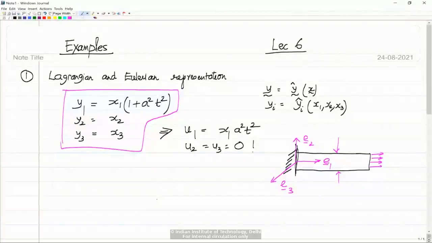Okay, so now think of, let us talk of velocity, for example. What is the velocity? What will be acceleration? So what kind of representation is this, first of all? This is obviously Lagrangian representation, right?